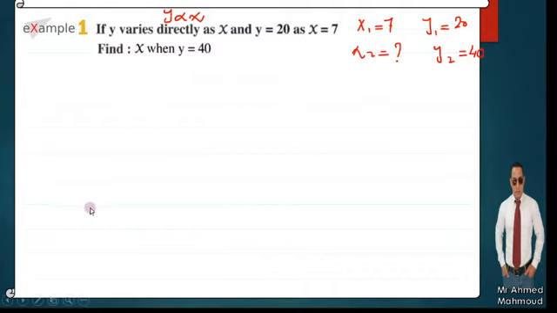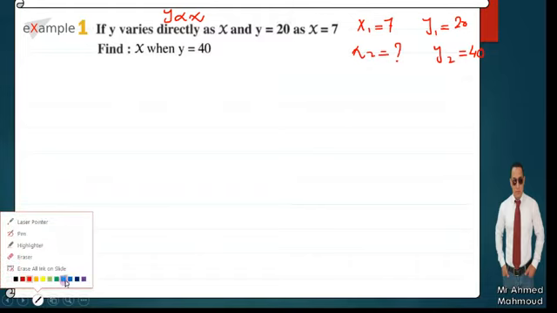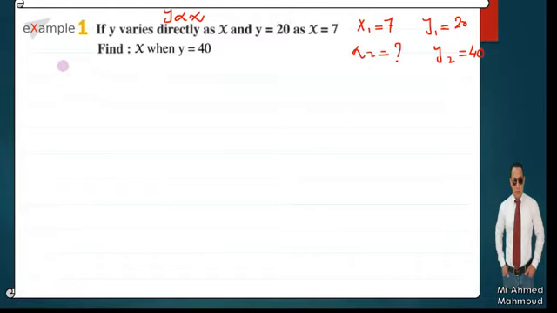Now it's easy to use y1 over y2 equals x1 over x2.